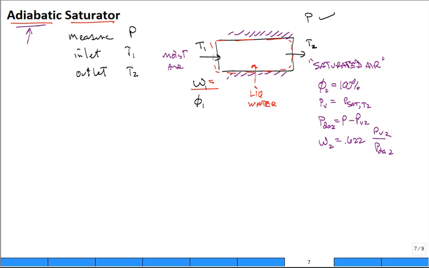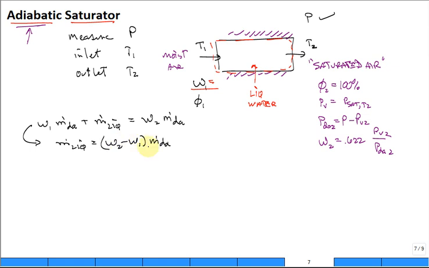The water balance: omega 1 times M dot dry air plus M dot liquid equals omega 2 M dot dry air. We can rearrange this equation because we're going to use it to eliminate M dot liquid in the energy balance. It's going to be omega 2 minus omega 1 times M dot dry air. So we're done with our mass balances.